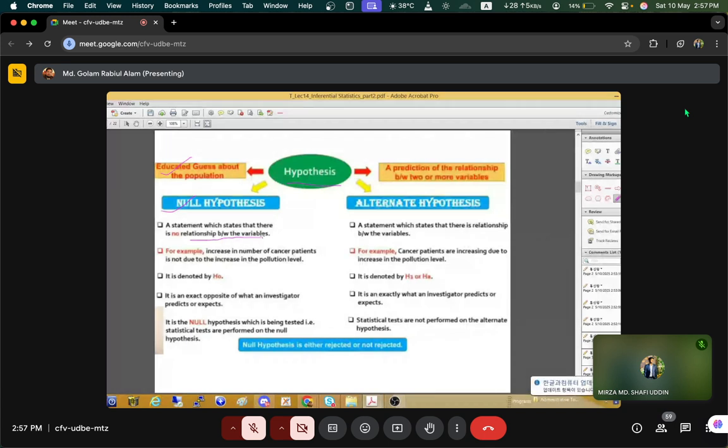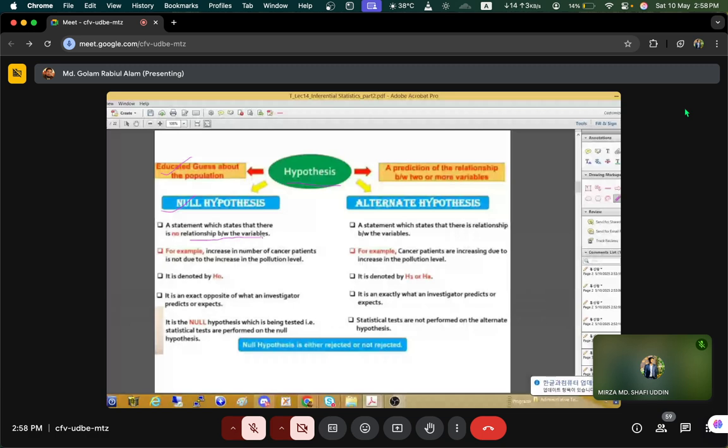But in the alternate hypothesis, we have to state some relationship. We can assume or presume some relationship. It is a statement which states that there is a relationship between those variables. For example, here you can see: the increase in the number of cancer patients is not due to the increase in population level. This is the common belief.